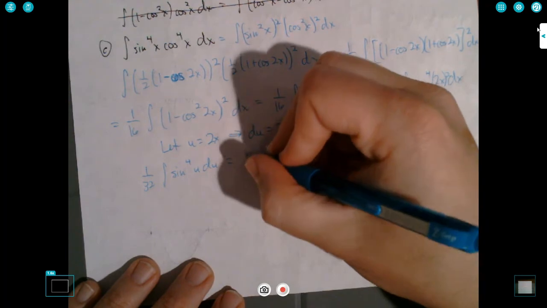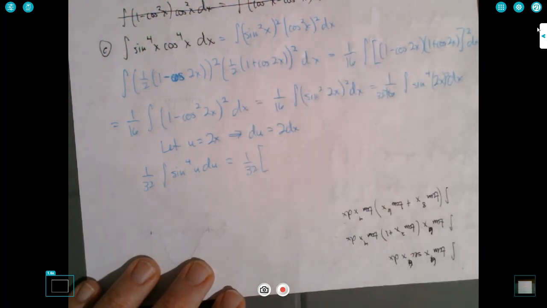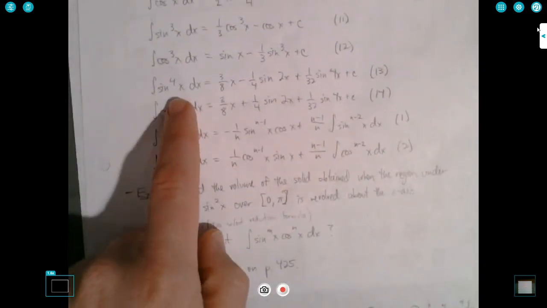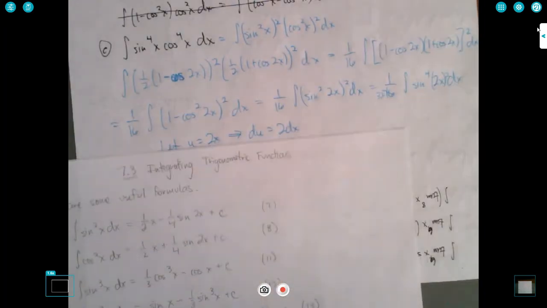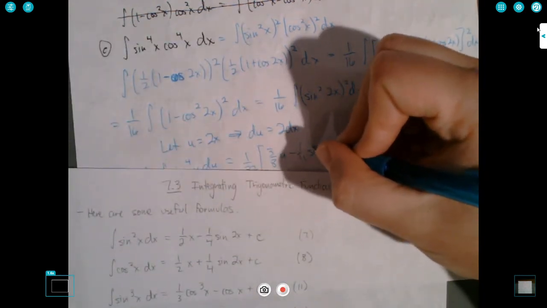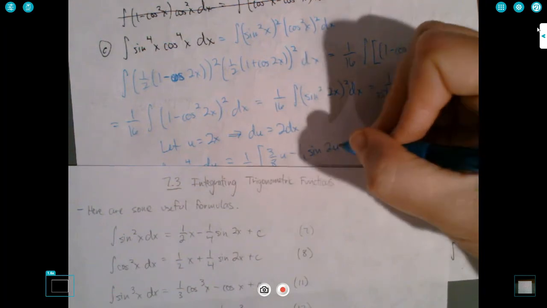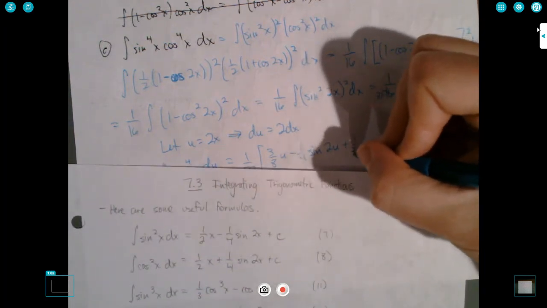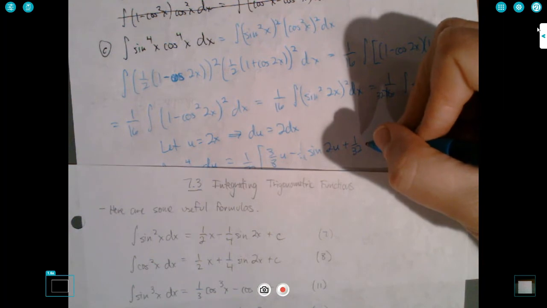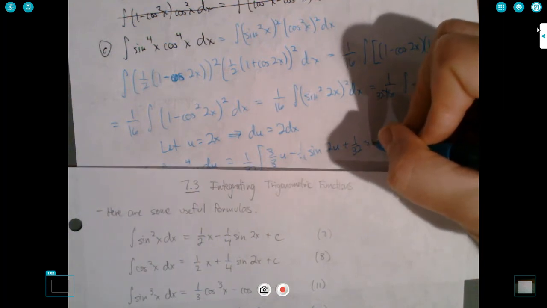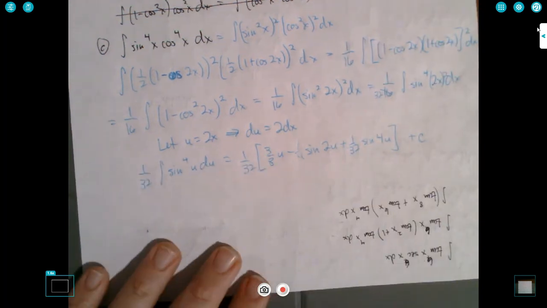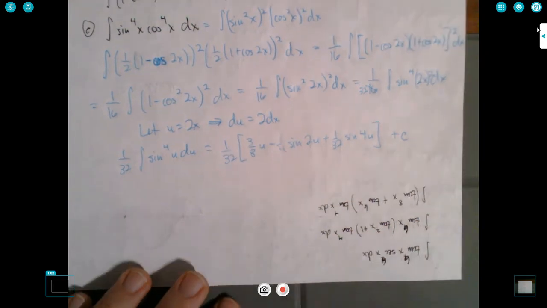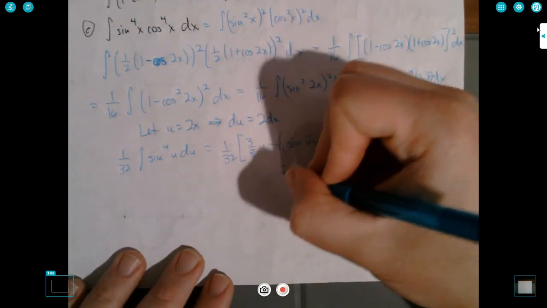And then that's going to be 1 over 32 times, sine to the 4th is 3/8 u minus 1/4 sine of 2u plus 1/32 sine 4u plus c. Goodness gracious. And then you can back substitute. I mean, I'm not going to finish, but that's the idea there.